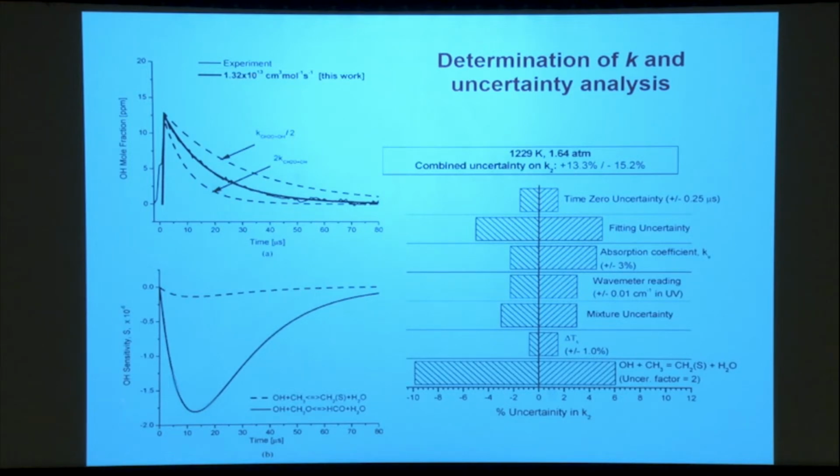So this is the OH sensitivity to these two reaction rates. As we would wish, the main sensitivity is to the reaction of interest, OH plus formaldehyde, but there is a small influence of this secondary reaction. And that's giving us 10% of the overall uncertainty in the rate constant.